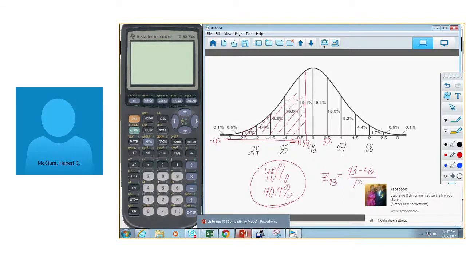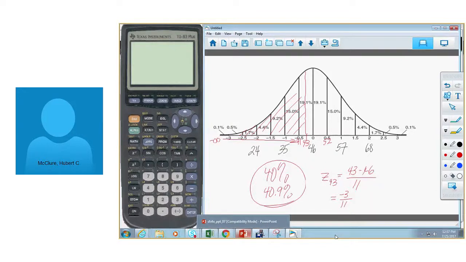That's negative 3 over 11. Well, that's close to 3 over 10, so that's going to be about negative 0.3. What does it come out to be? Negative 0.27.